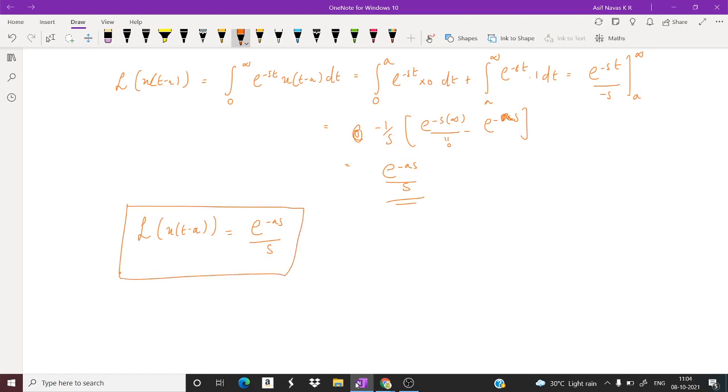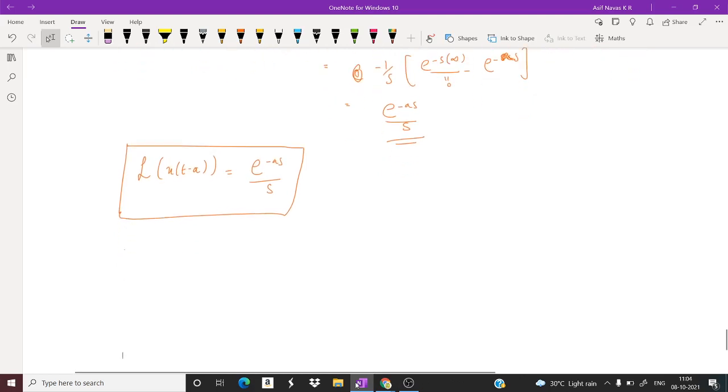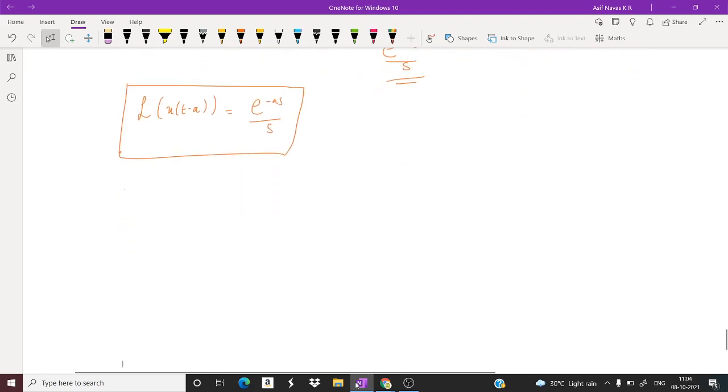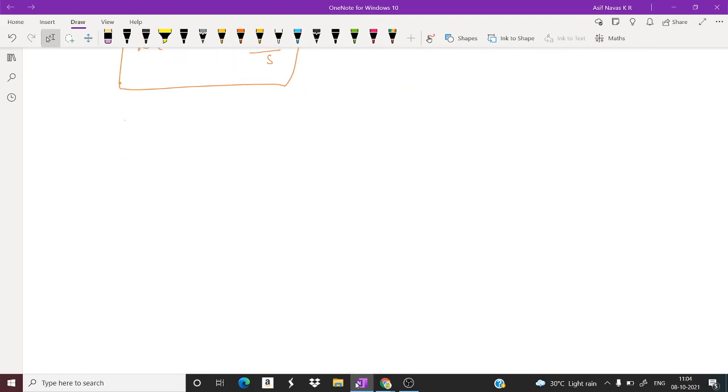Why do we define the unit step function? We can find the Laplace transform of a function defined on an interval. So if a function is defined in some interval, we can still find the Laplace transform of that function. For example, we will do two problems. Why are we using the Laplace transform of the unit step function?